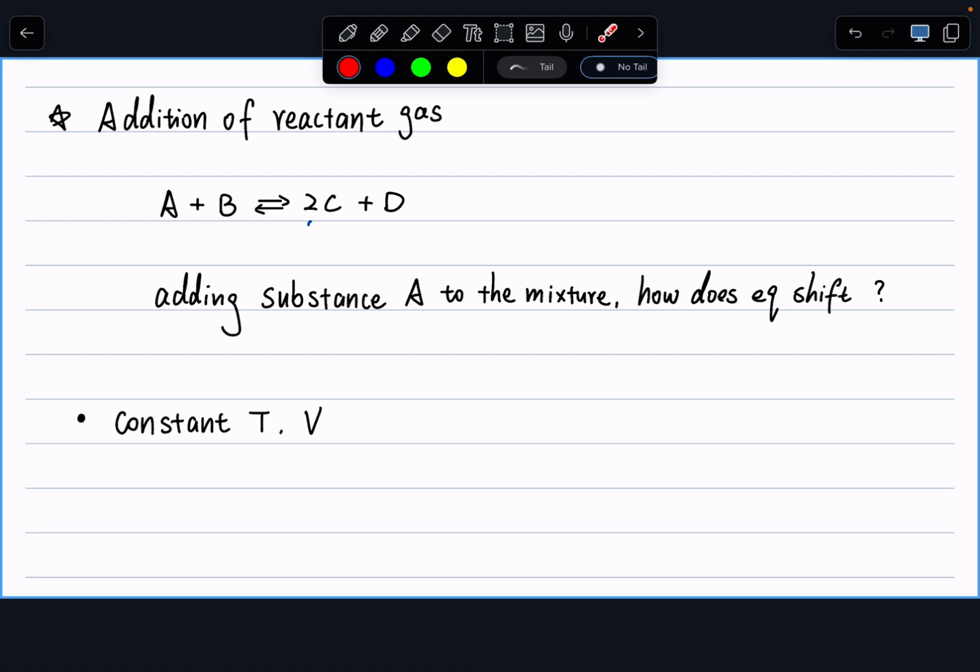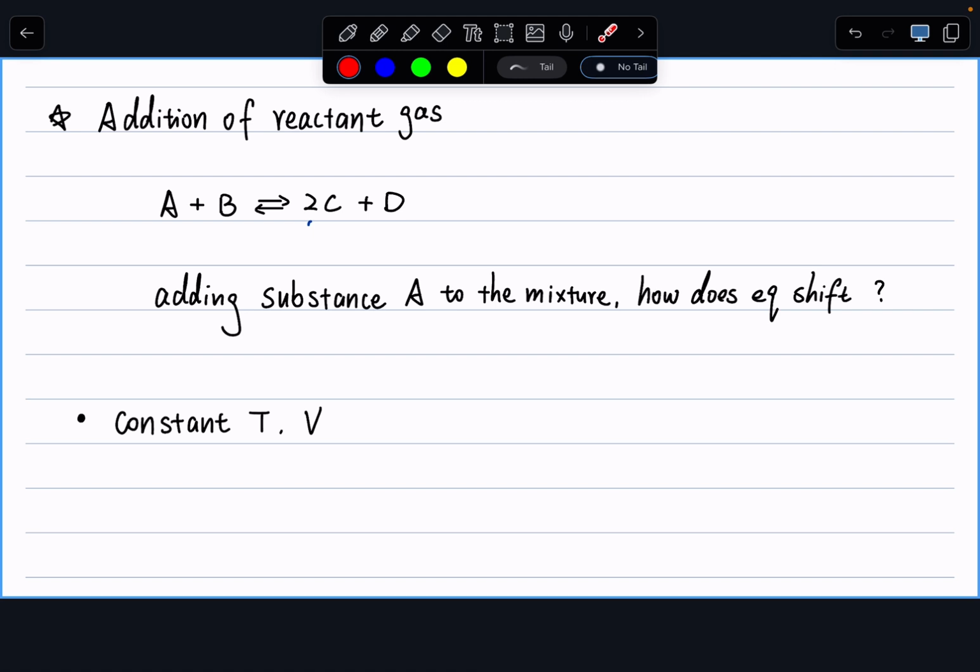Now we're only adding substrate A into the mixture. So the partial pressures of B, C, D are not changing, and my partial pressure of A will increase as n_A increases.